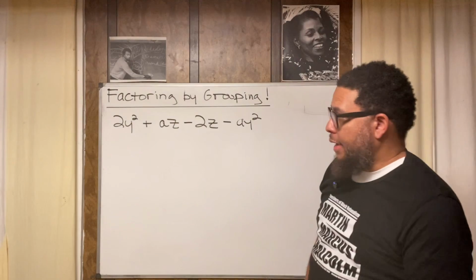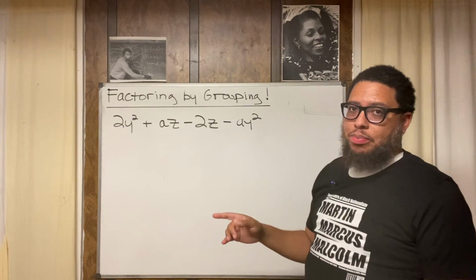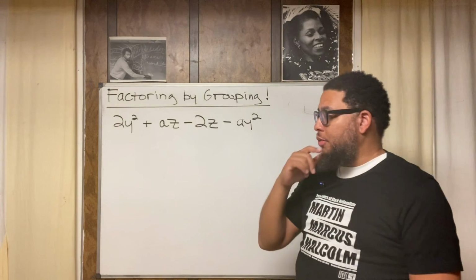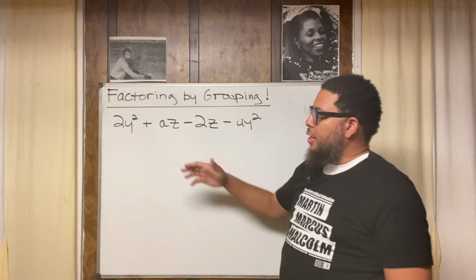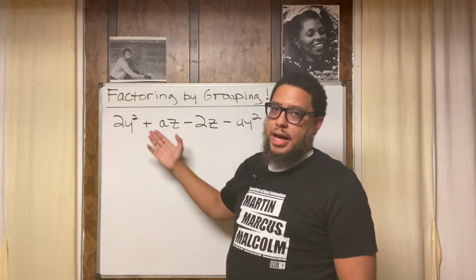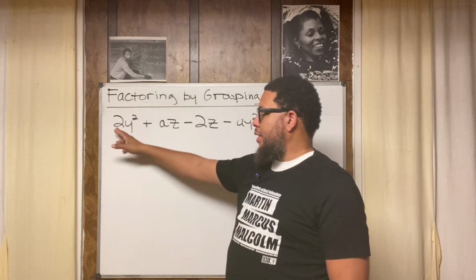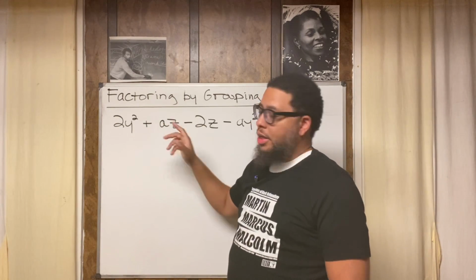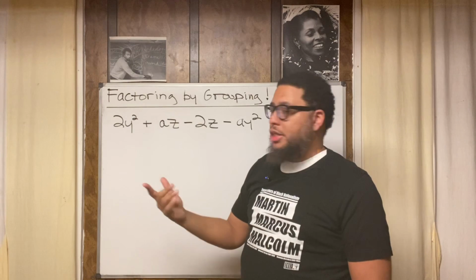Now, with this particular problem, this is a little different from some of the other problems I've done on this channel. Because if I was to make a group with these first 2 terms, there's nothing in common except 1. That coefficient is a 2, this coefficient is a 1, and the common factor of 2 and 1 is just 1.